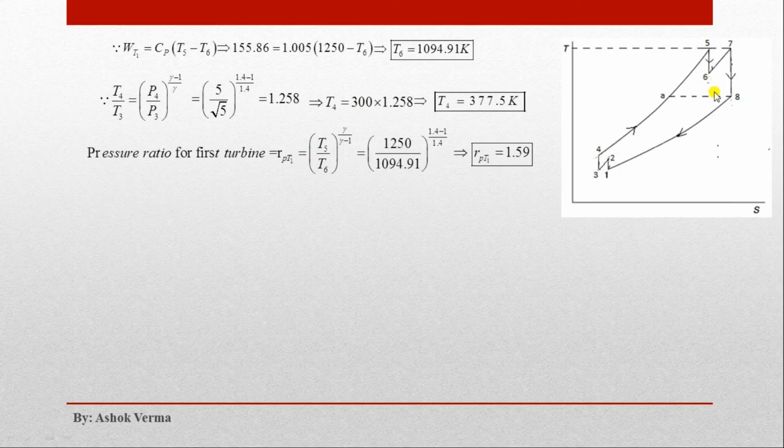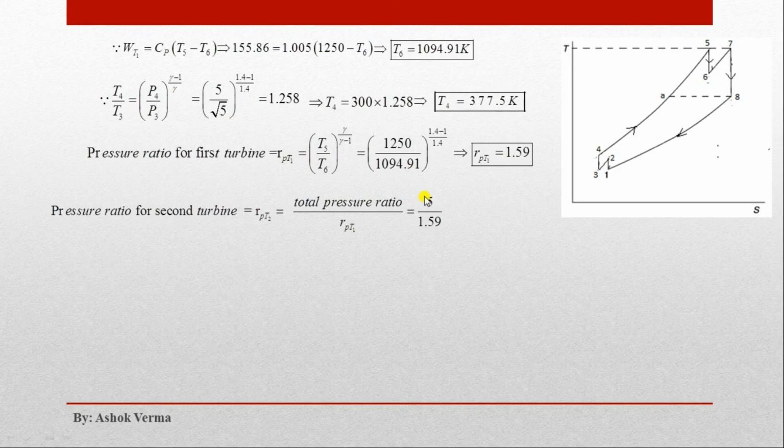You know the overall pressure ratio, that is P5 by P8, which is equal to 5. That is the initial and final pressure ratio. So the pressure ratio for the second stage turbine will be equal to the total pressure ratio upon the pressure ratio for the first stage turbine.